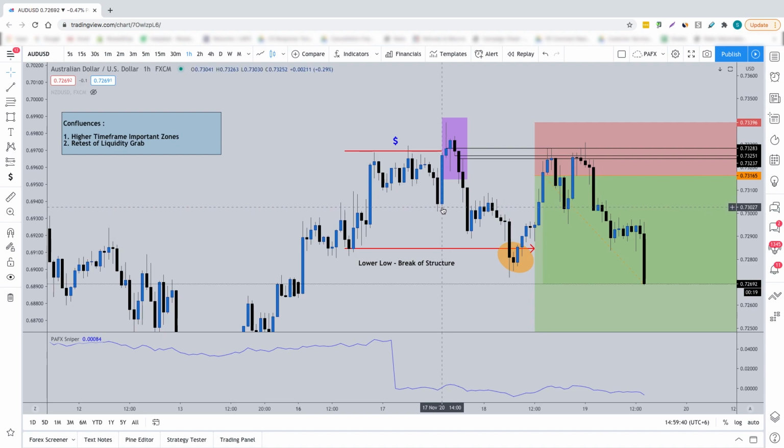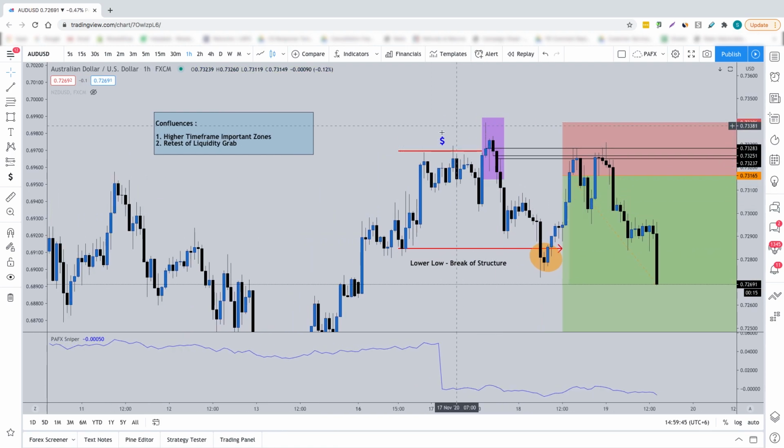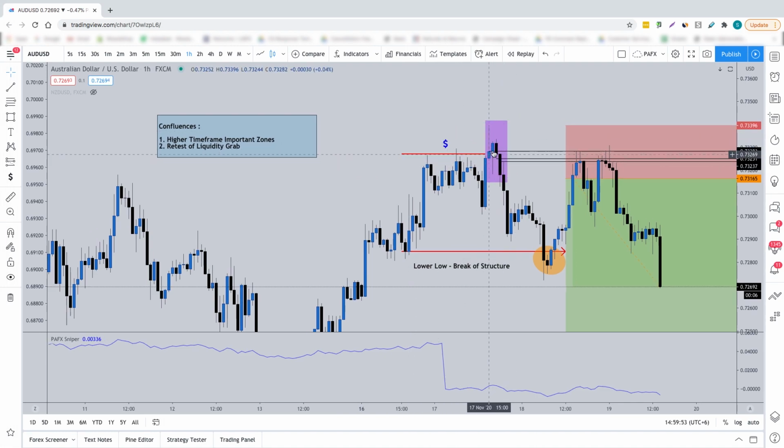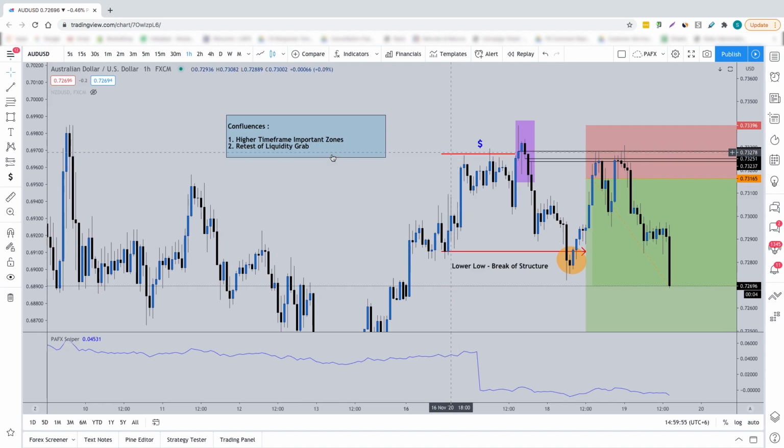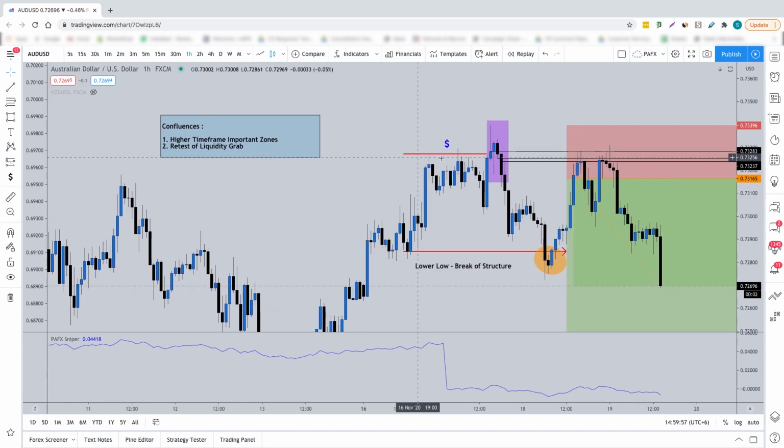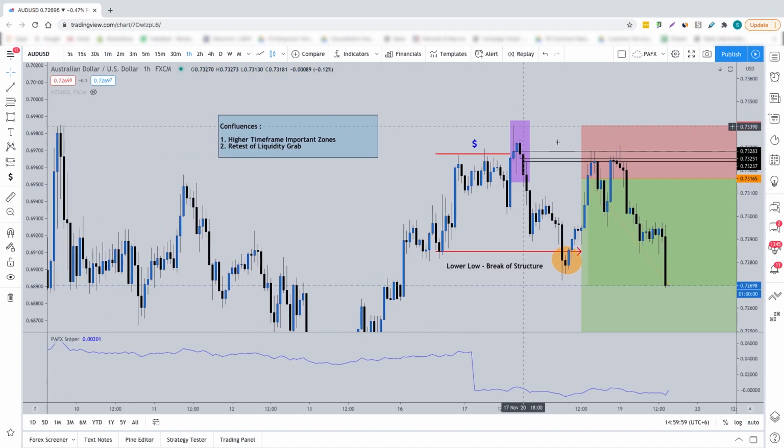So a lot of people started selling, and what happened was price moved the other way and grabbed a lot of stop losses in the process. A lot of retail stop losses were hunted, and when this took place, people thought the retail resistance is starting to break and price should go up. So they started buying, and their stop loss was in these areas, and that was grabbed too.